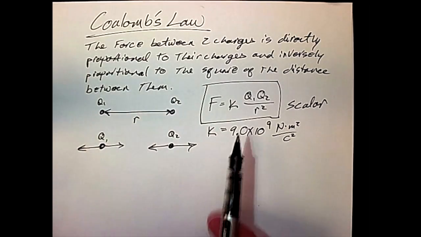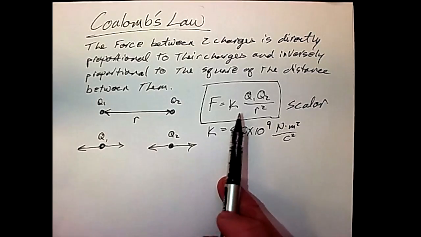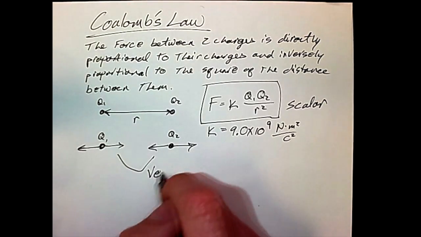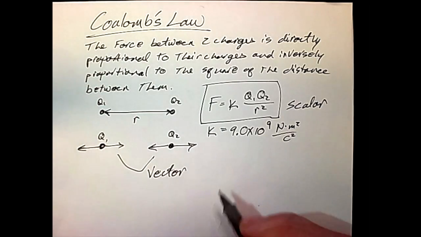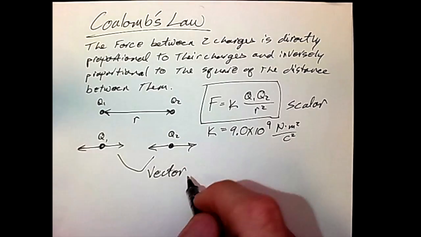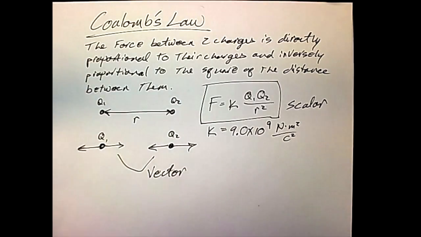And so we use this formula to calculate the magnitude, and then you use vector addition and your knowledge in order to determine the magnitude and direction of the overall resulting value on each individual charge. And you'll see some examples in your homework that will help you work through these various values.